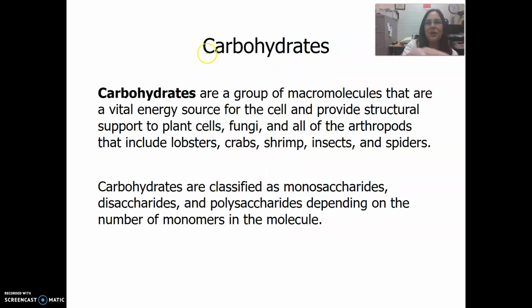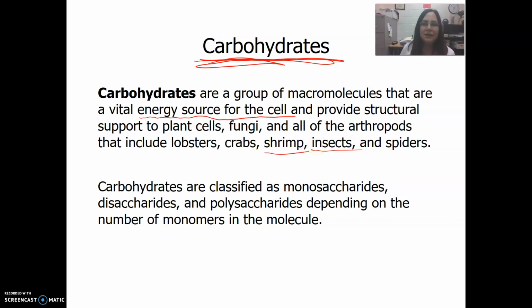Okay, now we're on to our third group of macromolecules called carbohydrates. This is the primary energy source for our cells. And some carbohydrates called polysaccharides provide structural support to plant cells, fungi, and arthropods that have an exoskeleton, like insects and shrimp.